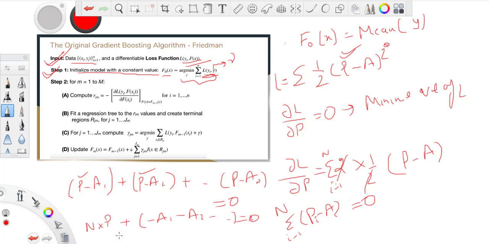From here I can get a1 plus a2 plus dot dot dot divided by the number of observations. So this p, which minimizes my loss function, or the initial value of my model, is nothing but the average of all the observations, right? So this is where we initialized our predictions with a constant value, which was the mean of all the actual y's. For our example, it was 64.67, nothing but the average of all the y's.